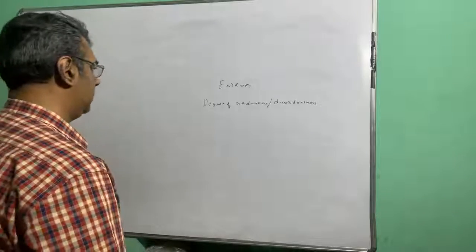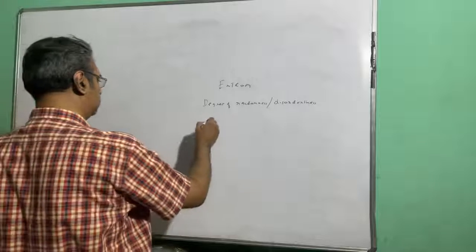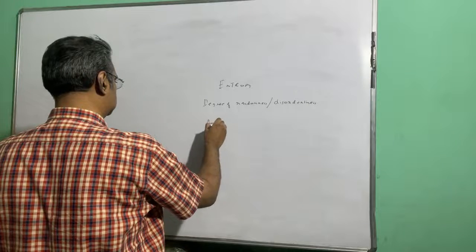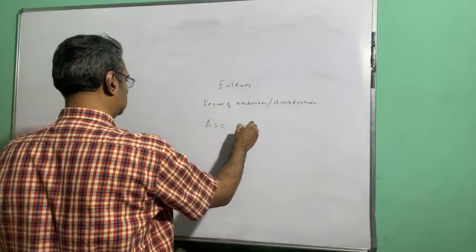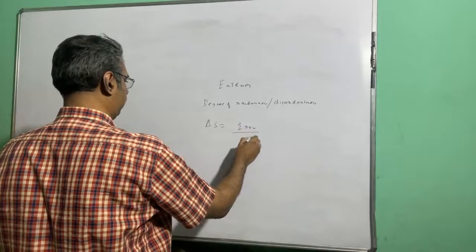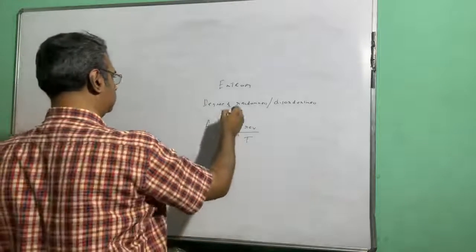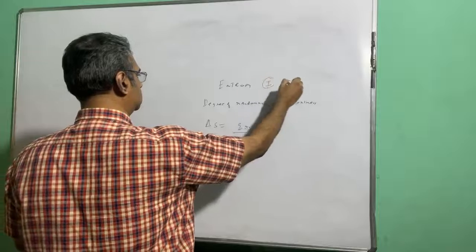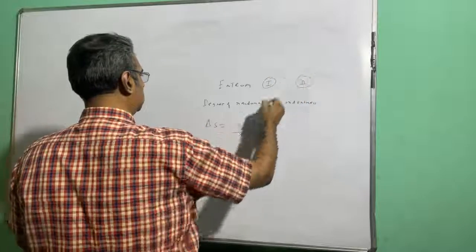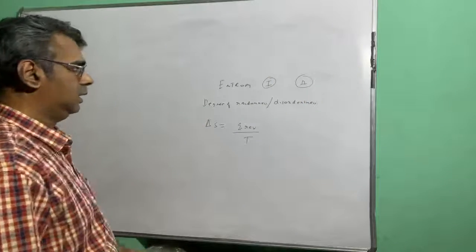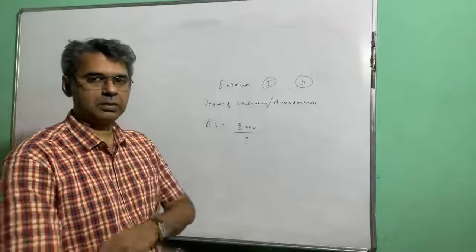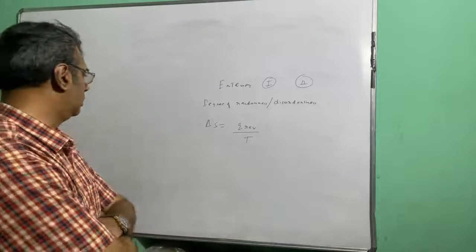So the mathematical definition of entropy: suppose a system is going from state 1 to state 2.